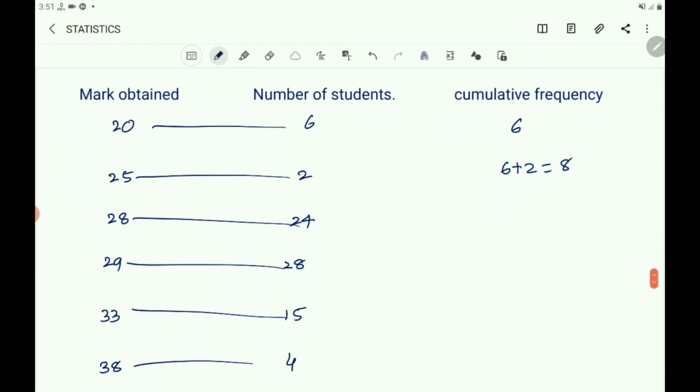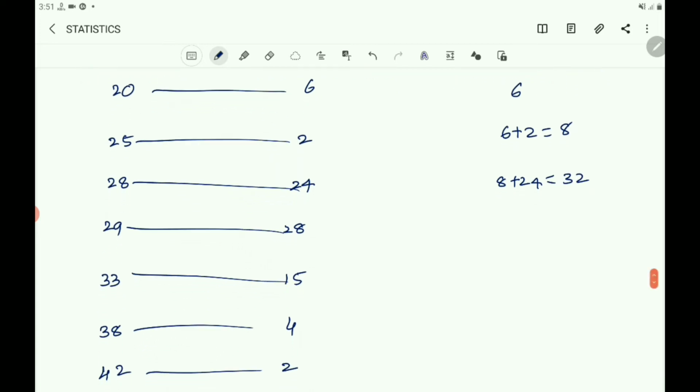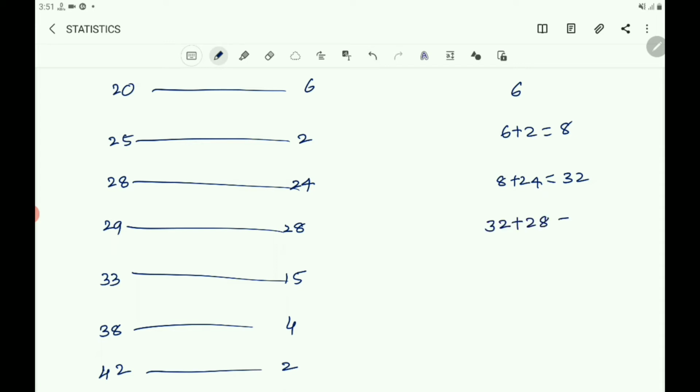Next, up to 28, 8 plus 24, that is 32. Next, up to 29 is 32 plus 28, that is 60.